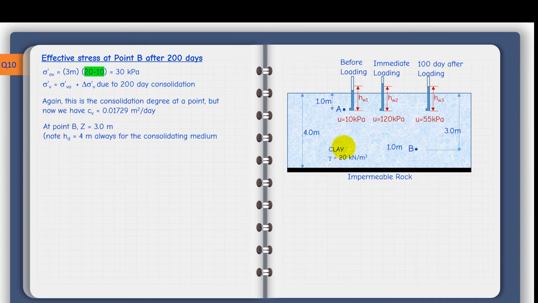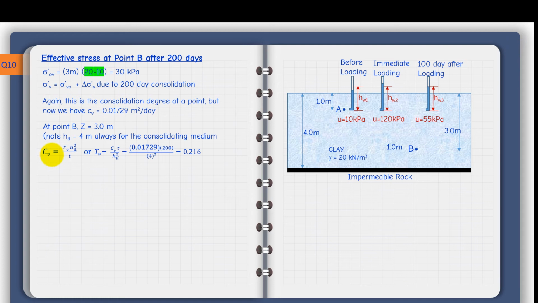And I have, again, all the information at point B. Depth being 3 meters. Remember that the drainage path is always constant when you apply the general equation of consolidation at any point within this medium. So it's 4 meters here.